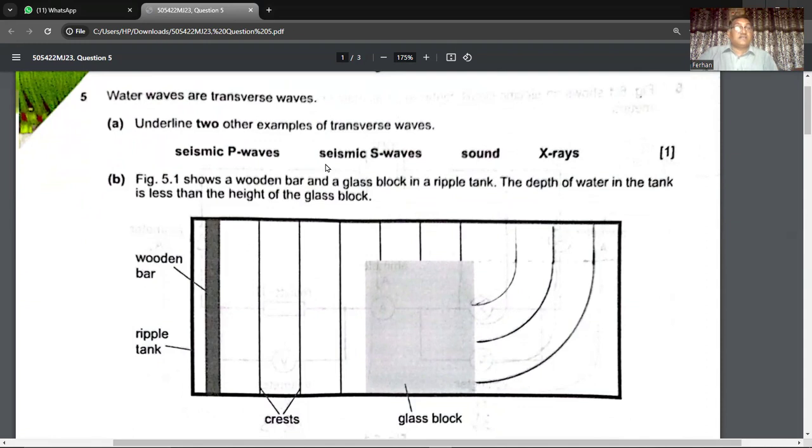The S waves are transverse waves, and the X rays are also transverse waves. X rays are part of the electromagnetic spectrum. They all are transverse waves, and in seismic waves, the P waves are longitudinal and the S waves are transverse waves. It's a fact. Please remember this. So S waves and X rays, underline them.